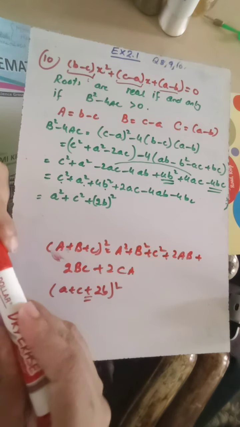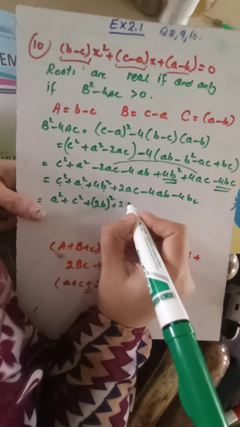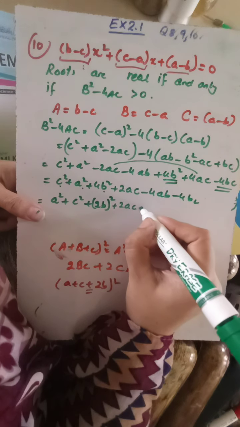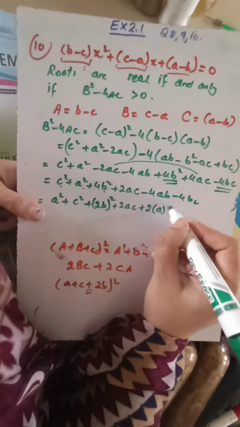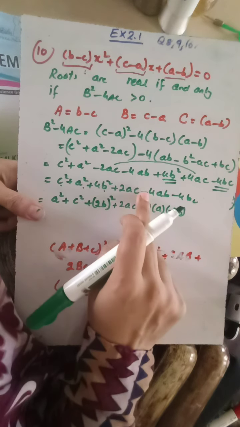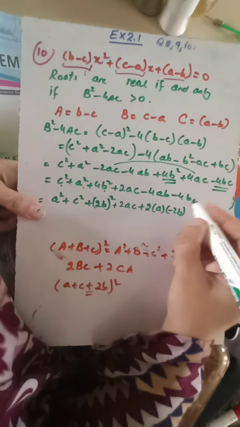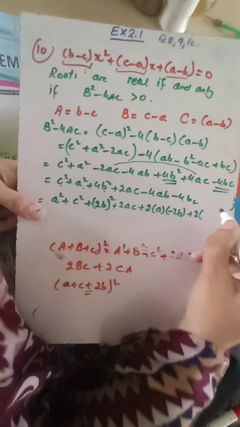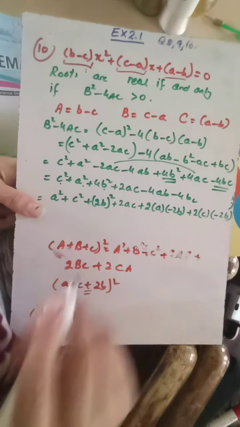Let me write it as, now plus 2ac, this can be written as plus 2 times a into minus 2b. We can write it as this, minus times minus, 2 2s are 4, and this can be written as twice a into negative 2b, and over here this minus 4bc can be written as twice of c into minus 2b.